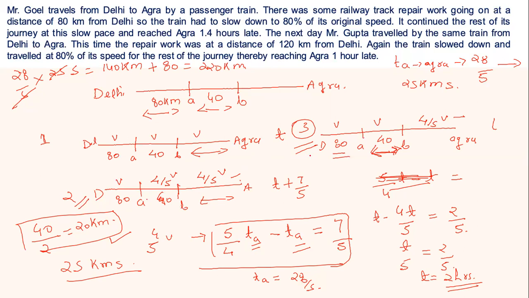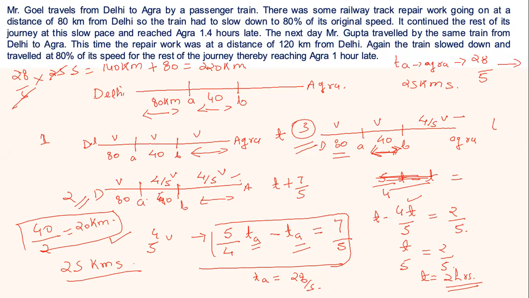On the third day, A to B speed becomes normal V. On the second day, it was 4/5. So if my speed has become 5/4 times, my time taken will become 4/5 times. This is what I have done.